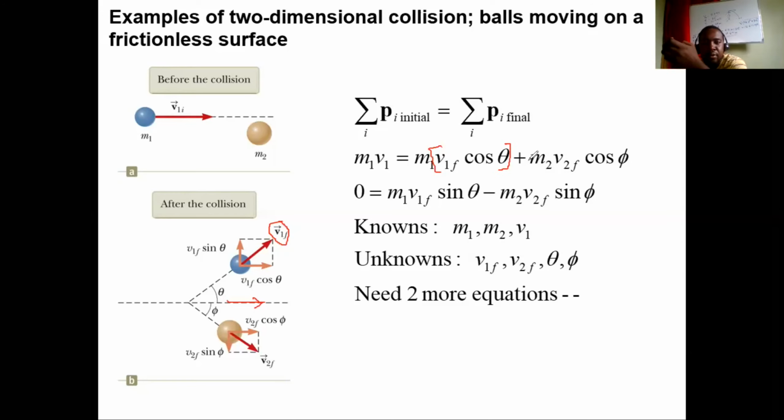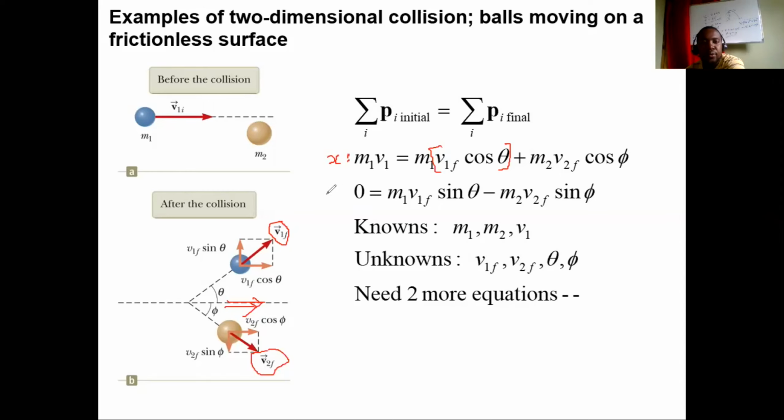Plus, now our brown ball, it's the mass of the brown ball, m2, times, again, we're looking at the cos because we're looking at the x component of this velocity here. So we get cos of the angle created. That's your x plane momentum, the conservation of momentum in your x plane.